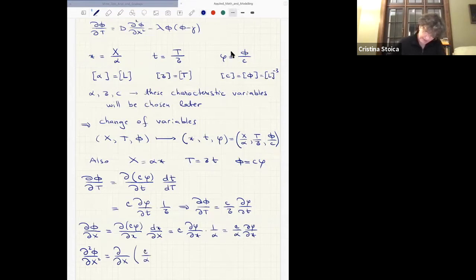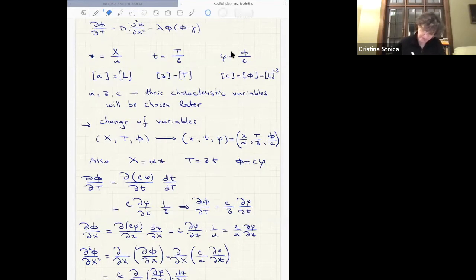And now if we do the second one, this is d dx of little c over alpha, which has no jump, d phi dx. So this is d dx of c over alpha d phi dx, d little x. So this is now c over alpha d d little x of d phi little x, and then d little x at d capital X, and again, this is 1 over alpha.